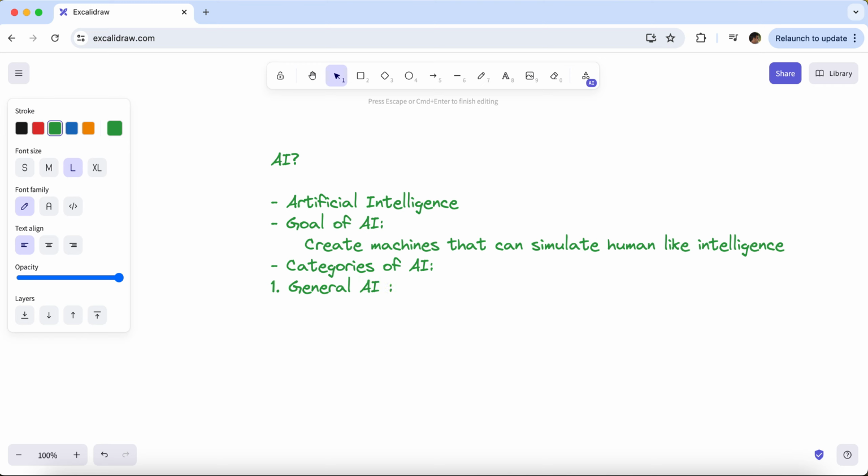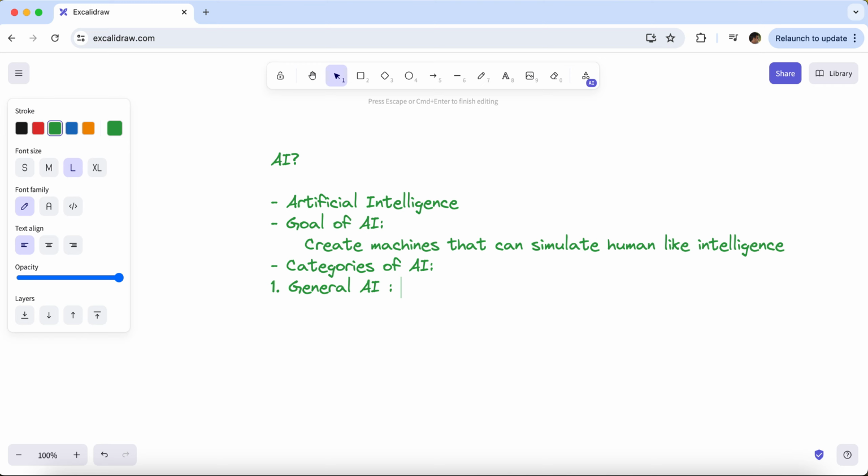Now what is general AI? It is a category of AI which is very general. Like for example, designing a machine which is expert at everything. A machine that can play football, a machine that can write a program for you, a machine that can do some kind of household work for you, right? This is where general AI comes into the picture.